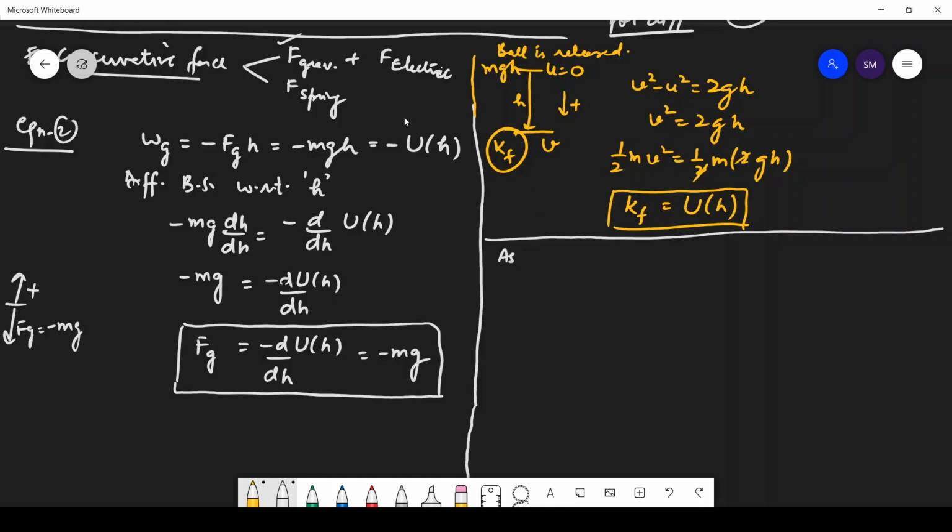Now this was a particular case, conservative force. So if we talk about it as a general case, of course in one dimension, we can rewrite this equation.